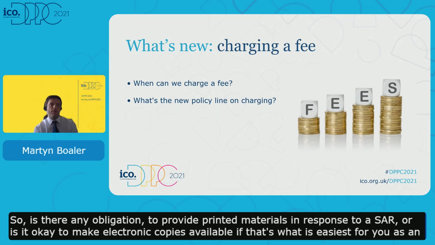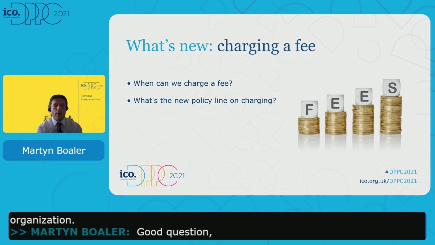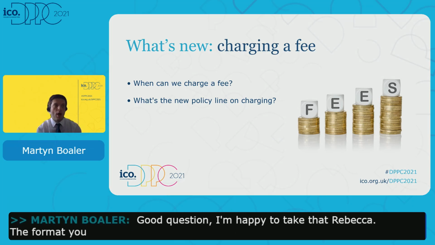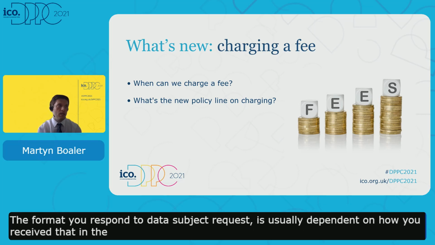So the format in which you respond to a data subject's request is usually dependent upon how you've actually received that request in the first place. If you've received the request in an electronic format, the GDPR encourages that you respond in a commonly used electronic format.